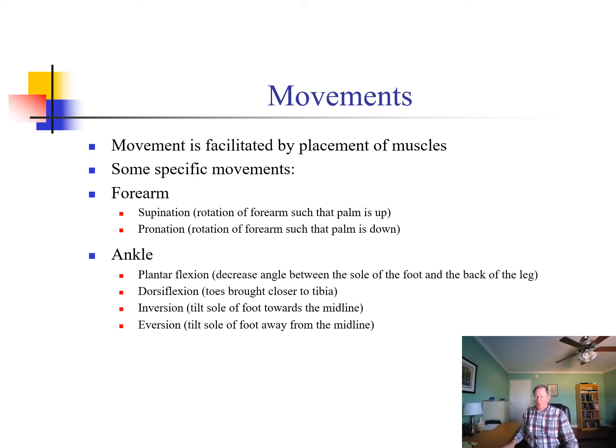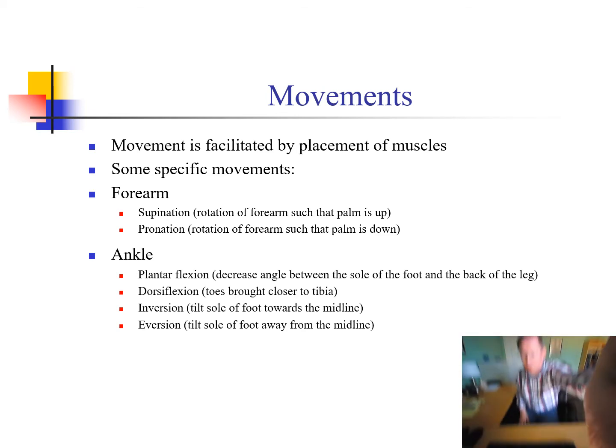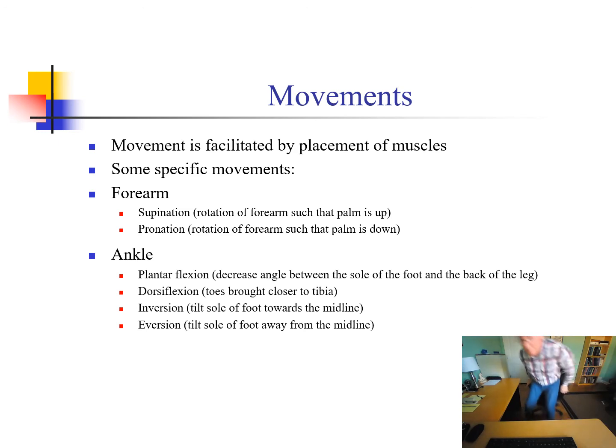Similarly, for my ankle, I have a few different types of specific motions. I'm going to adjust my camera here so that you can see this. If you look at my ankle, if I move my foot down towards the plantar surface, this is called plantar flexion. If I move it back, it's called dorsiflexion.